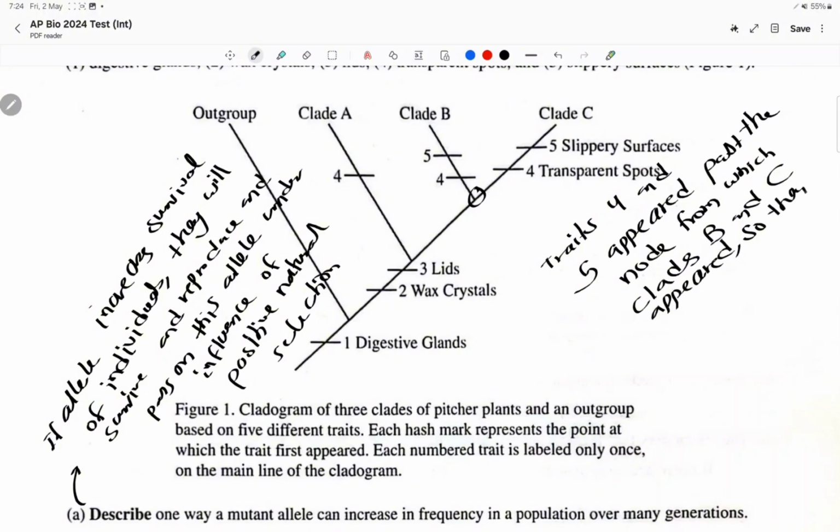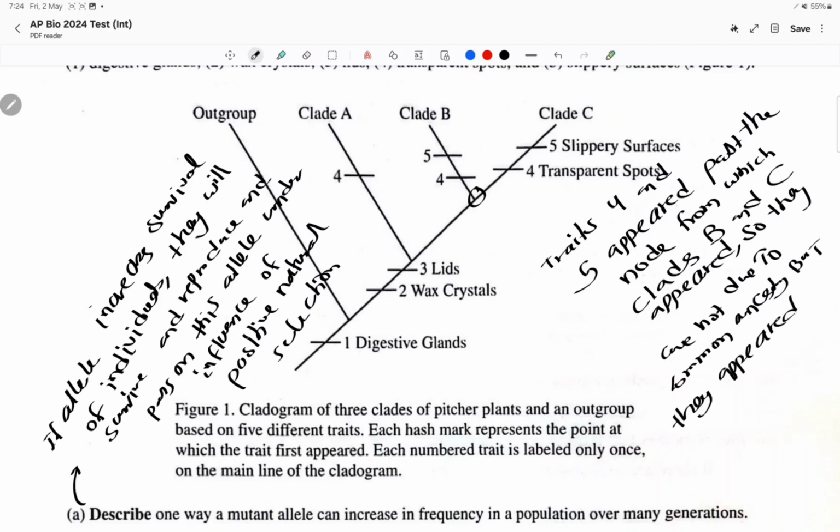So they are not due to common ancestry, but they appeared independently due to facing similar selective pressures.